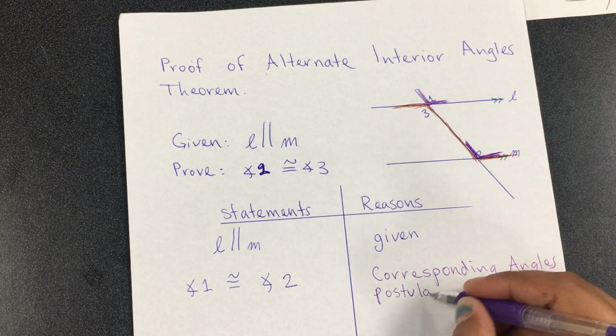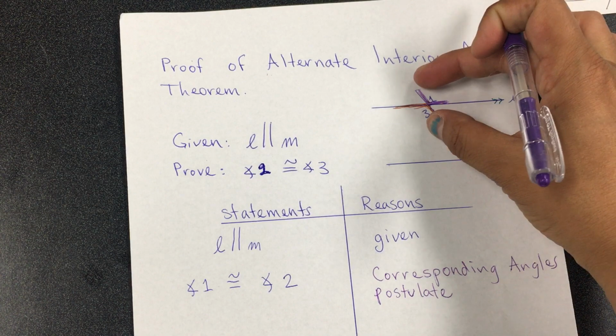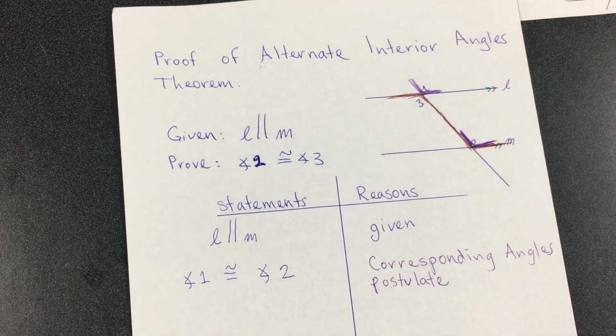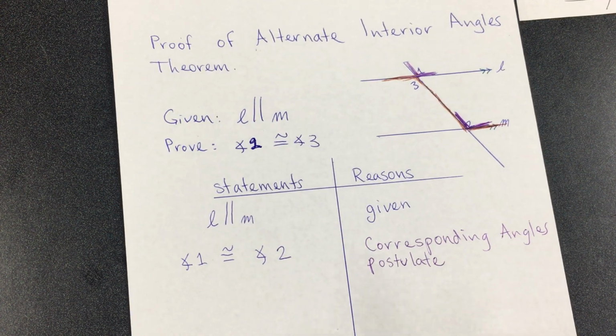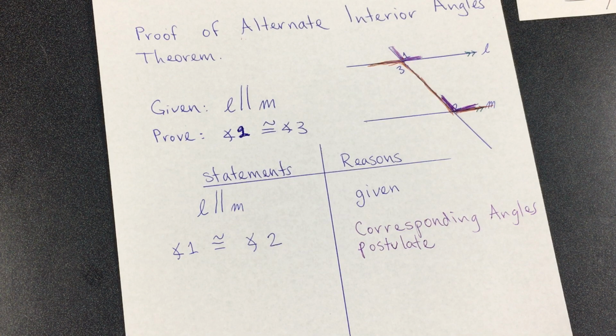Again, we don't need to prove that. All we have to do is literally cut it, grab that, and put it on top of each other, and we notice that they are congruent. A postulate doesn't need to be proved.